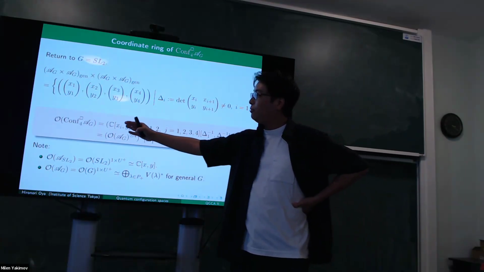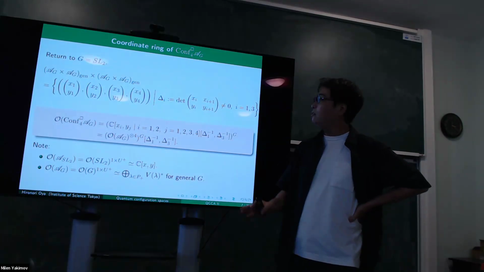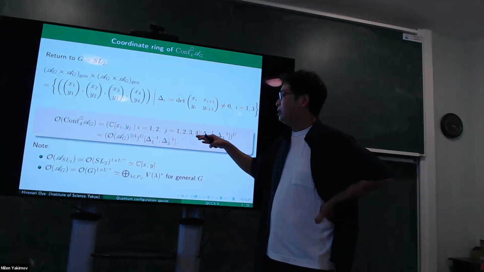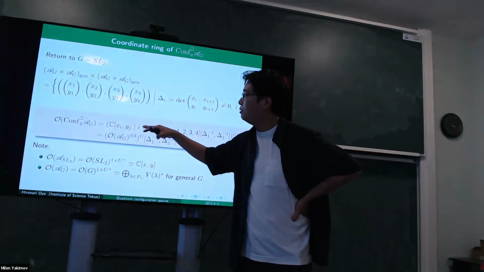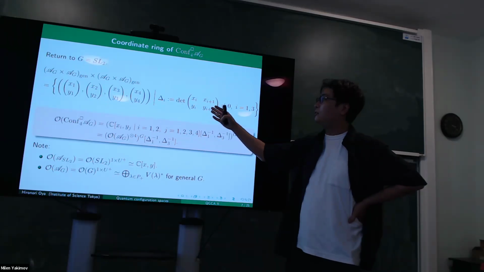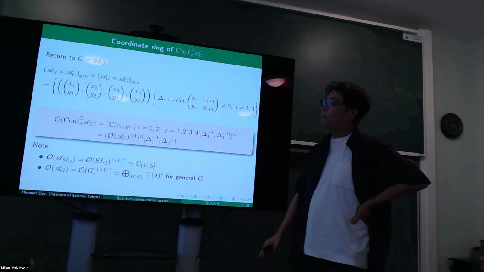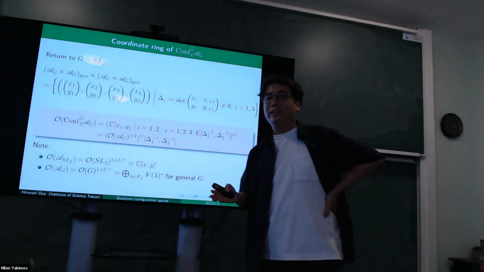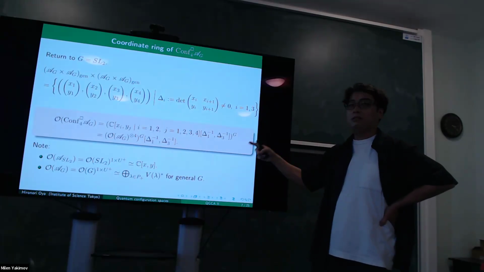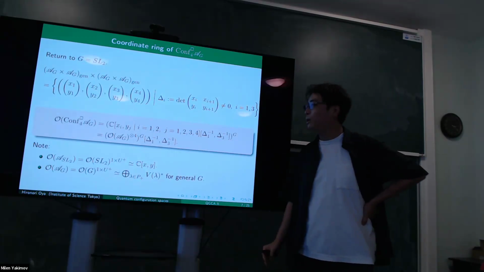So this is an affine algebraic variety, and its coordinate ring is a localized polynomial ring. It has 8 variables, and we consider the localization at these functions. We need to divide by the diagonal G action, so in terms of the coordinate ring, we take the G-invariants. This is the coordinate ring of this configuration space.